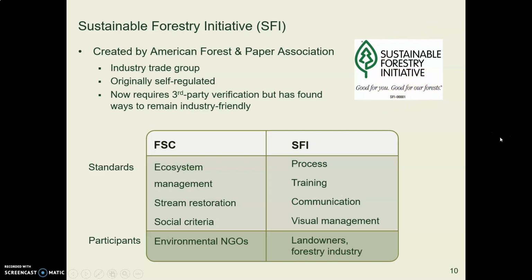This industry trade group originally had so-called certification, and this was an ISO Type 2 label, self-declaration, that did not have third-party verification. And they got a lot of pushback on that, so now they do have third-party verification.